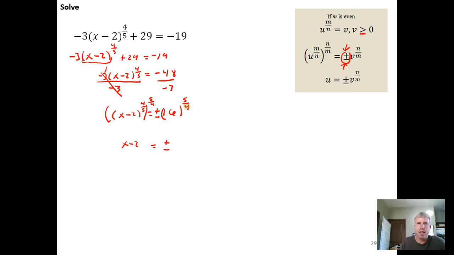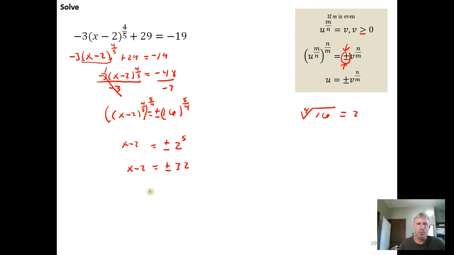Then we can start to simplify things a bit. This says take the 4th root of 16, since the 4 is in the denominator. And the 4th root of 16 is 2, because 2 times 2 is 4, times 2 is 8, times 2 is 16. So we get a 2, and the 2 still needs to be raised to the 5th power. That's the numerator. And 2 to the 5th power is 32, so we have x minus 2 equaling plus or minus 32.